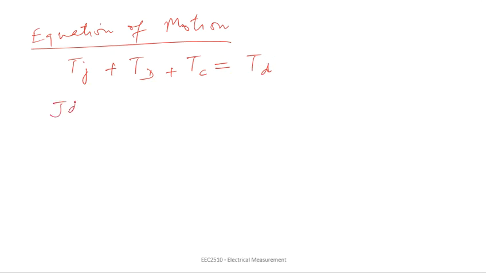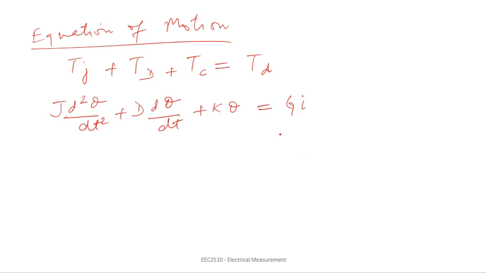Putting in their values, it will be J times d square theta over dt square plus D times d theta over dt plus K theta equal to G times I. This is a second order linear differential equation, and you have to solve it by evaluating the complementary function as well as the particular integral.